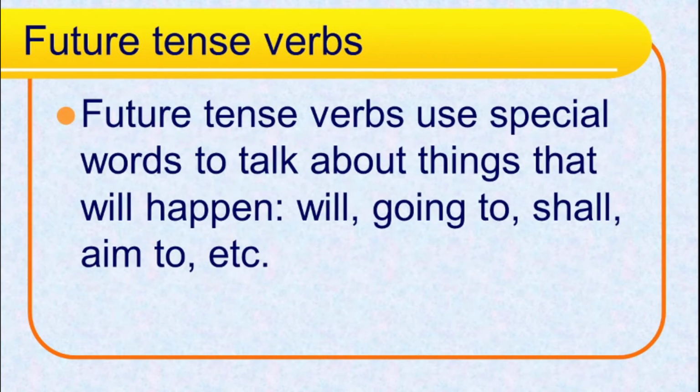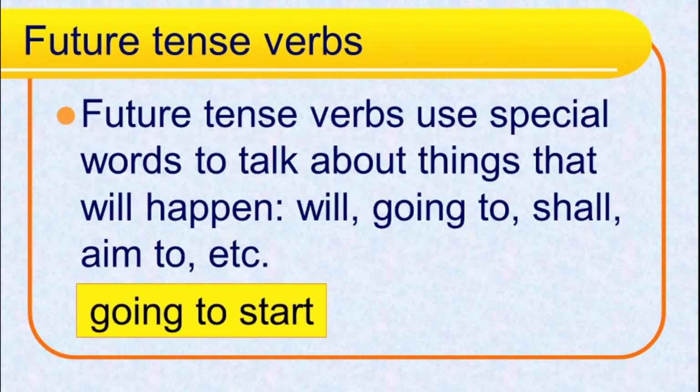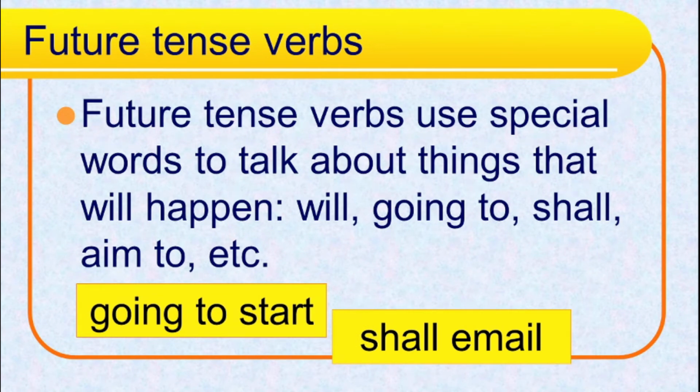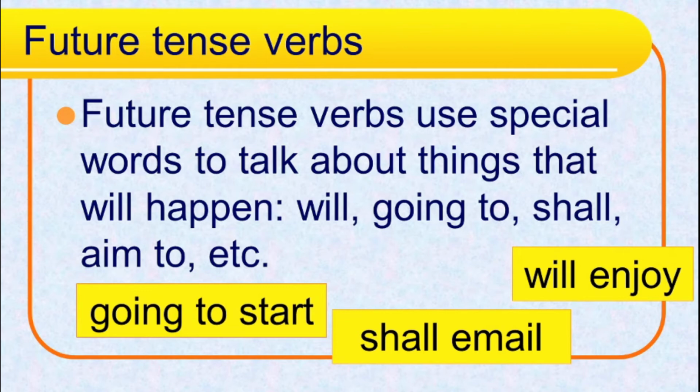Future tense verbs use special words to talk about things that will happen: will, going to, shall, and so on. Examples: going to start, shall email, will enjoy.